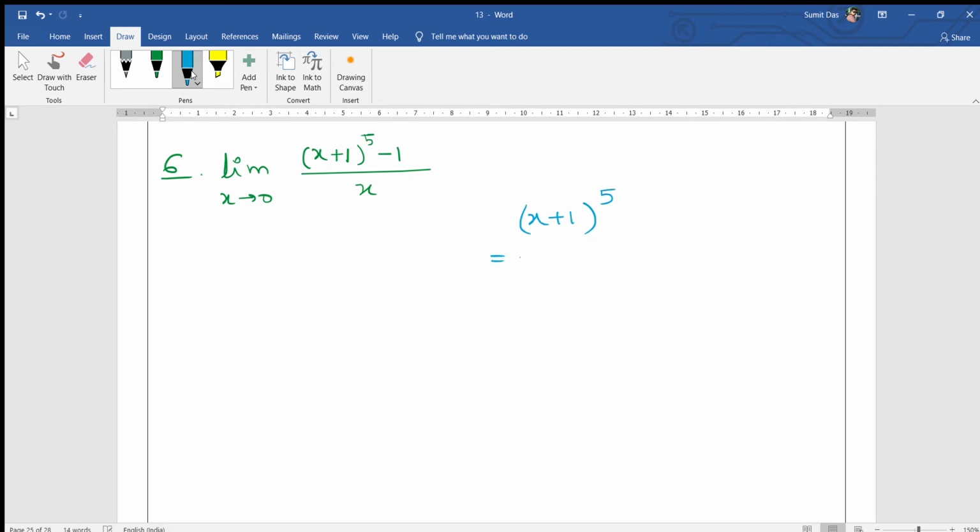The expansion will be x to the power 5 plus 5 x to the power 4 into 1.